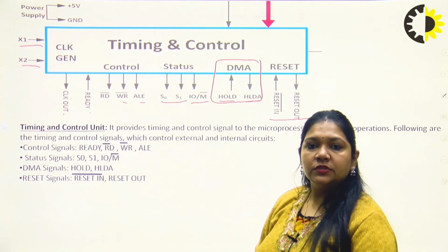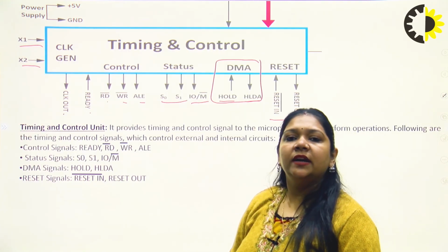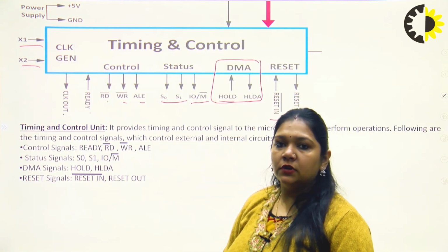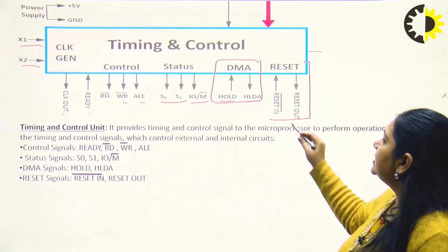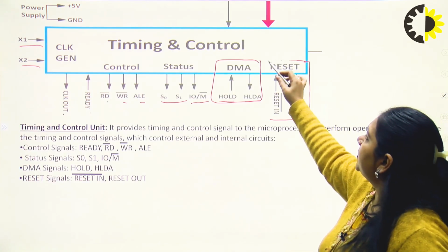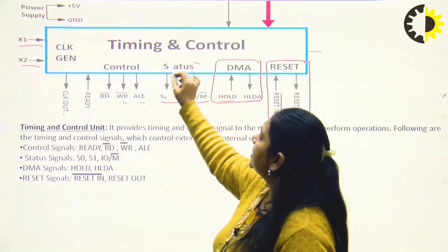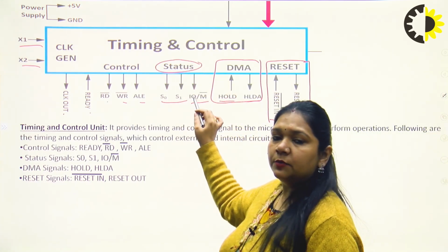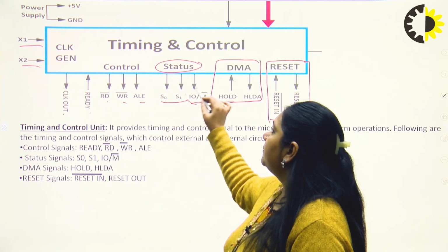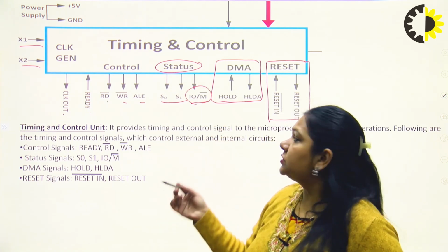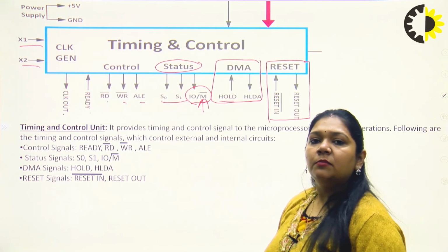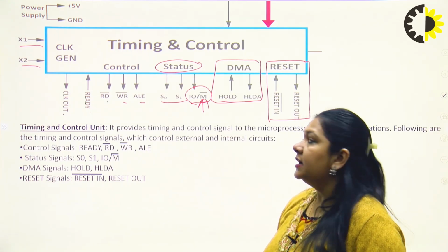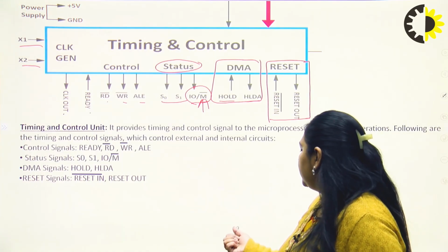Otherwise, there is no use. If there is no DMA, then hold and hold acknowledgement pins are not used for only the microprocessor. This is reset in. When we have to reset in or reset out, this reset pin is used for that. These are status pins. S0, S1, IO/memory bar, by which the microprocessor knows whether it is taking the data from input outputs or from the memory. That is why we are using this.